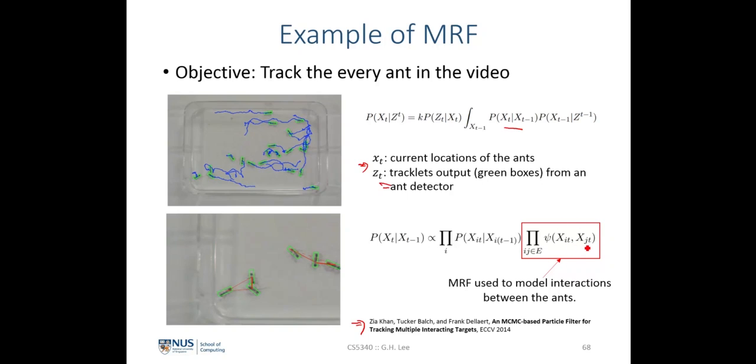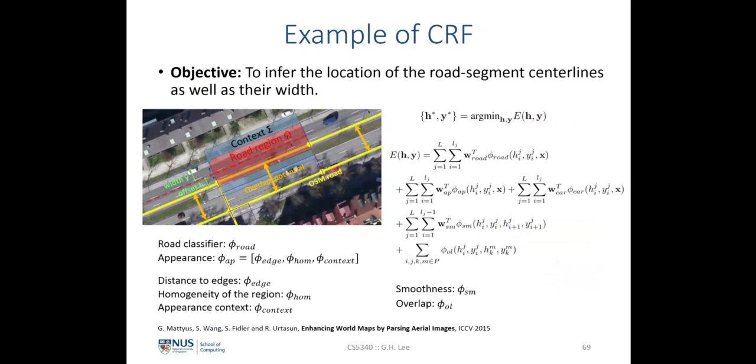So X_i^t and X_j^t represent all the neighboring ants in the scene. They better not collide into each other. Hence, there's a local potential clique over here, in addition to the current location being dependent on the location of the ant in the previous frame.